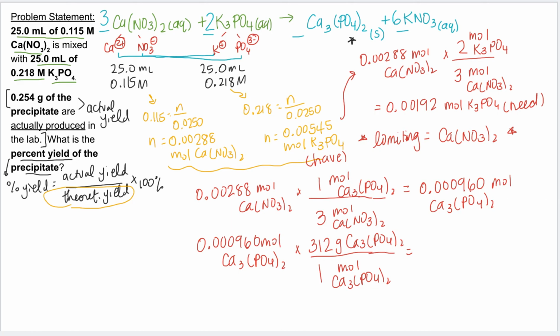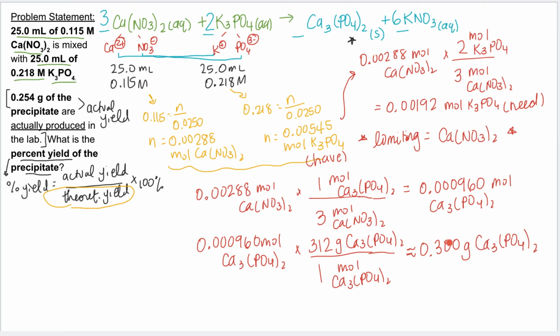And then I'm going to multiply that by the 0.000960. And then you should end up with just about, so I rounded kind of heavily, so you may have gotten a number that's slightly smaller than this, but just about 0.300 grams of calcium phosphate.